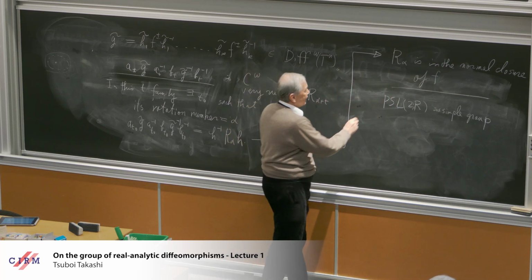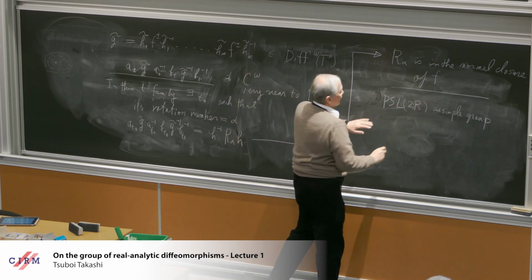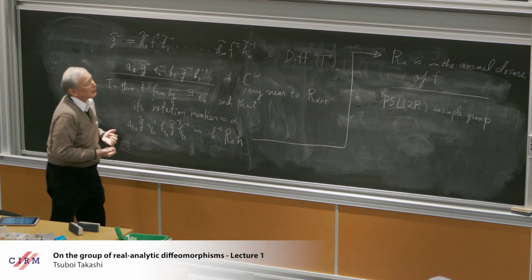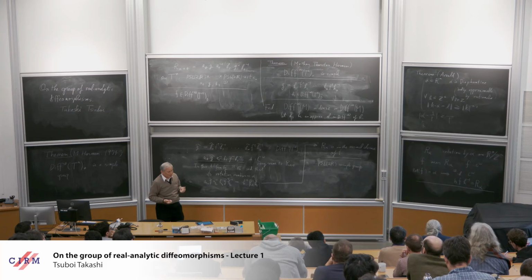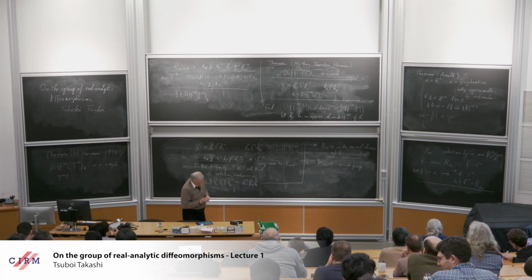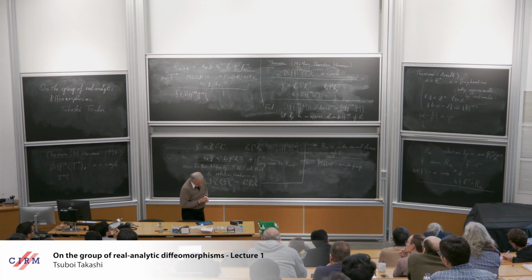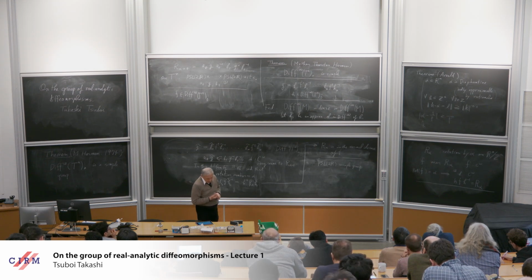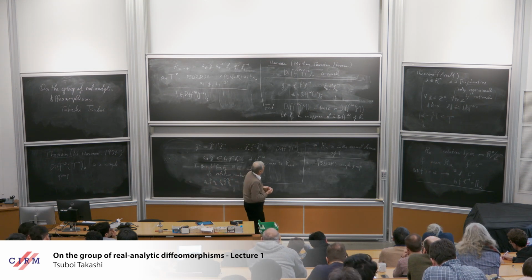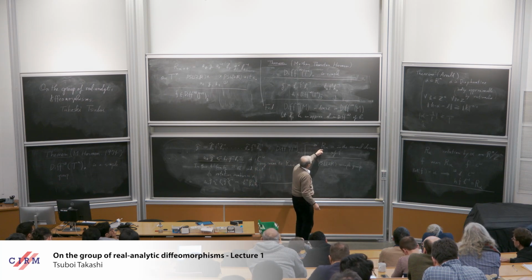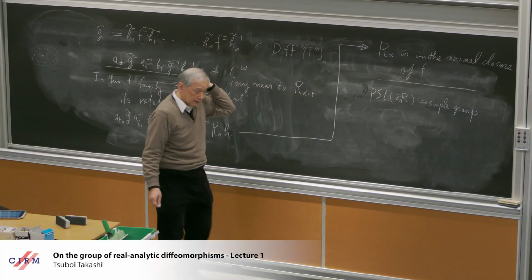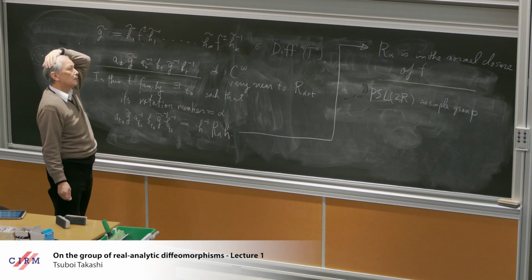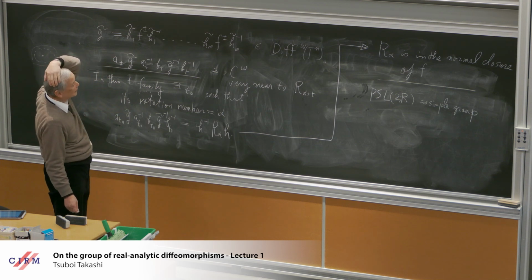The direct product of this n thing is not a simple group, but the fact that PSL2R is a simple group, I think it's true.